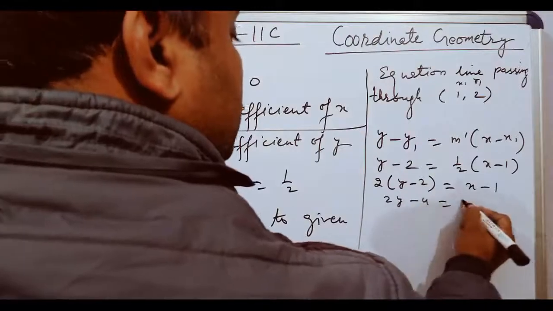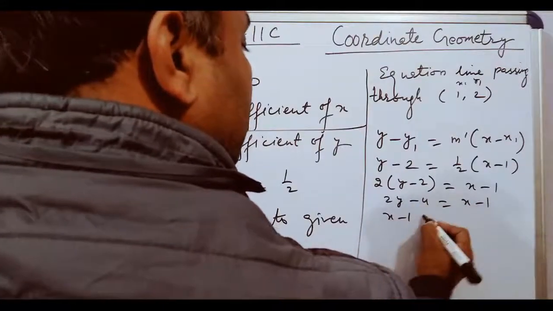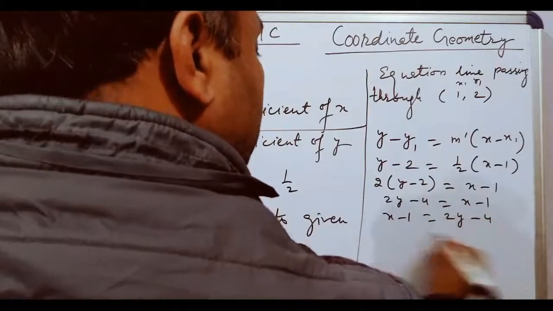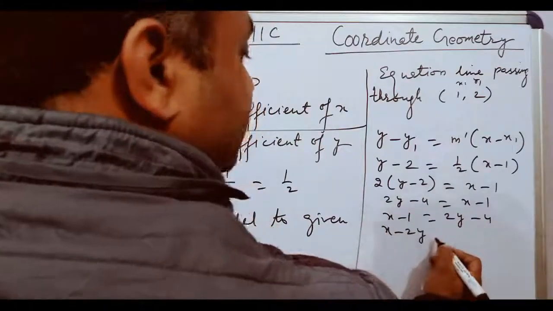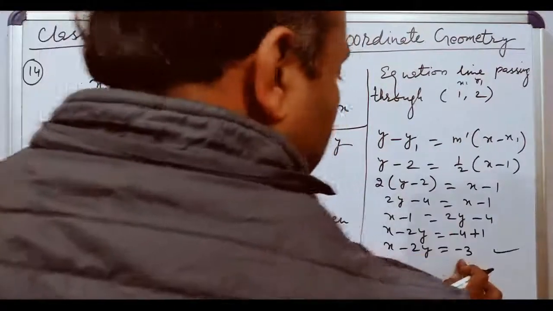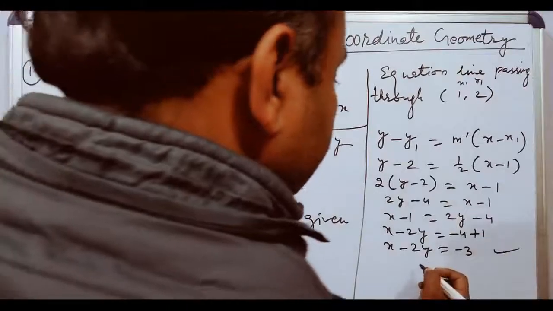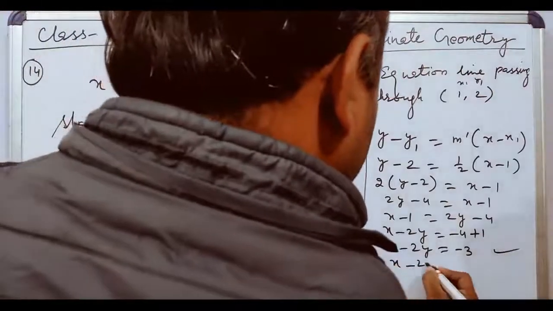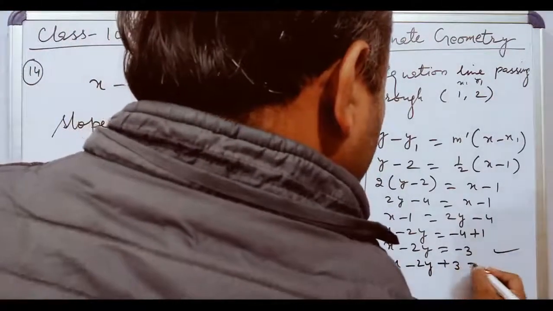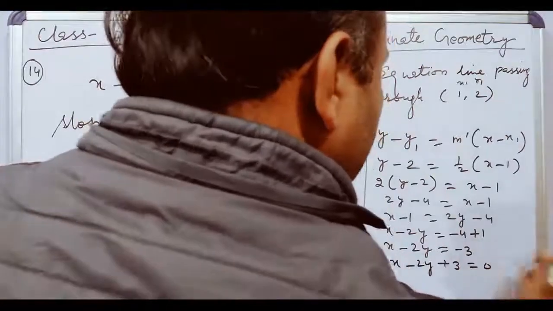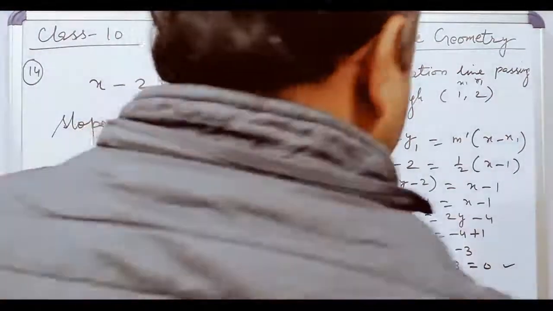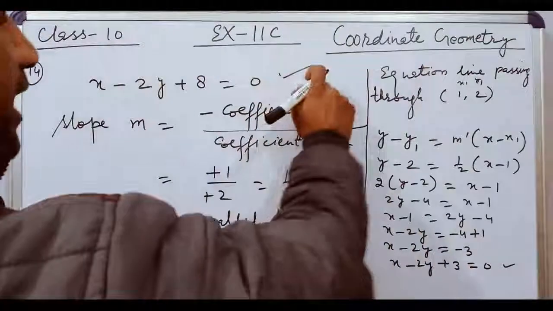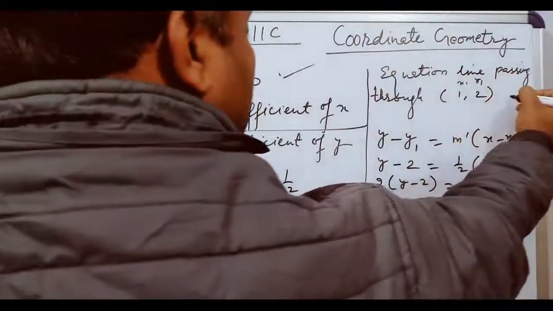Cross multiply: 2y minus 4 equal to x minus 1, so x minus 2y equal to minus 3. Okay, x minus 2y plus 3 equal to 0. This is the equation of the line which is parallel to this line and passing through point (1, 2).